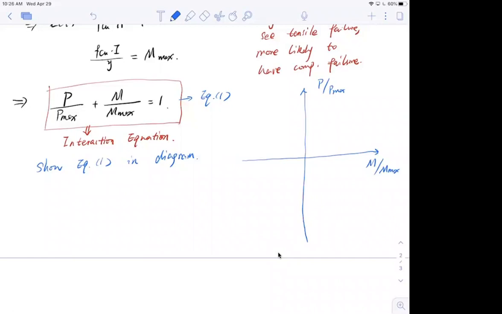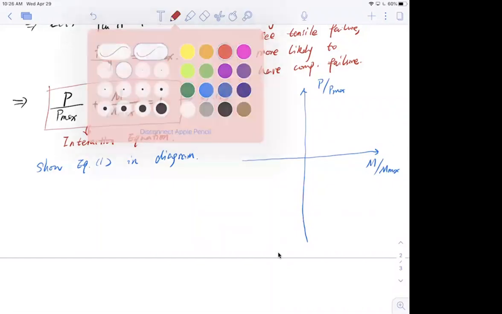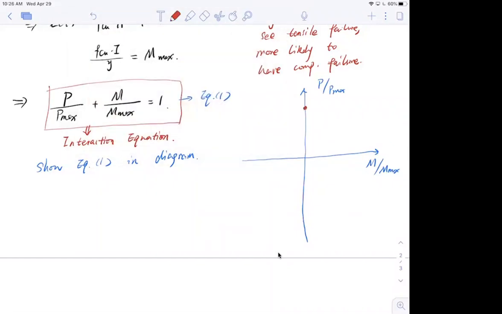Okay? So here, let me use a red point. This point here, I say this is M divided by M max equal to 0, P divided by P max equal to 1.